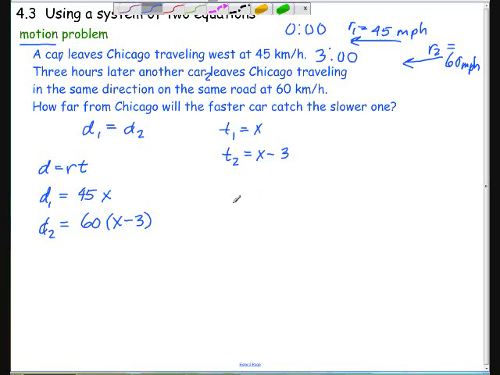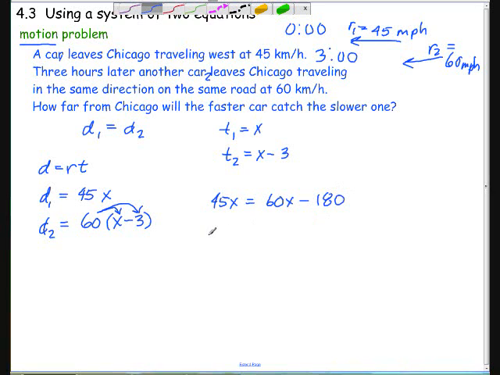And I'm going to set these equal to each other, so I've got 45x equals, and I'm going to distribute this, so I get 60x minus 180.